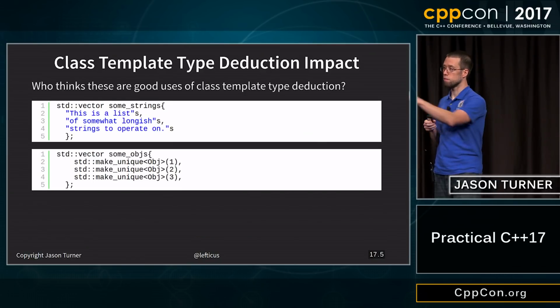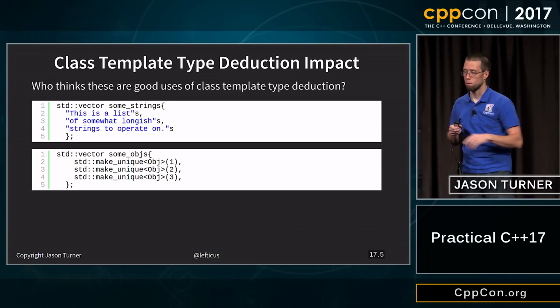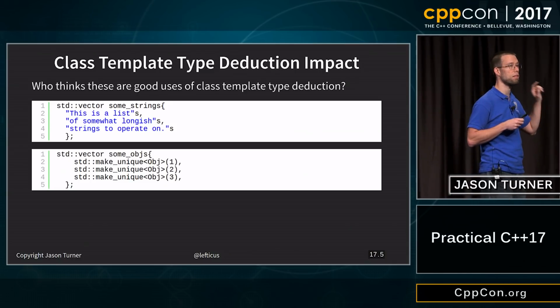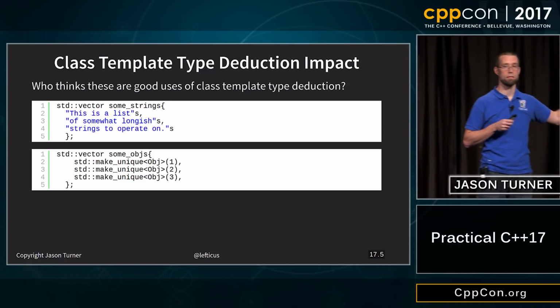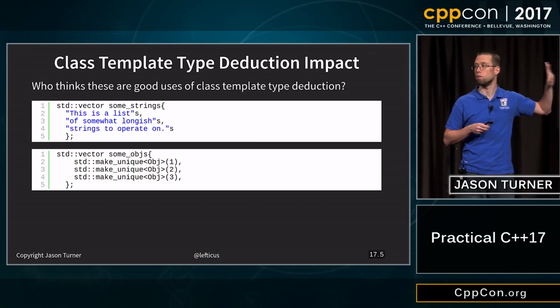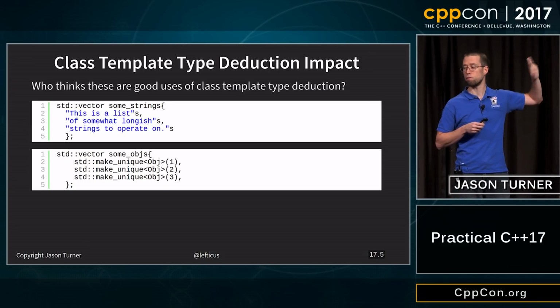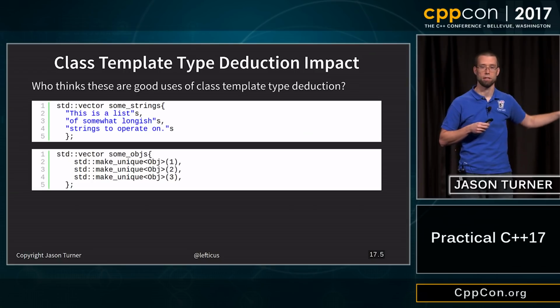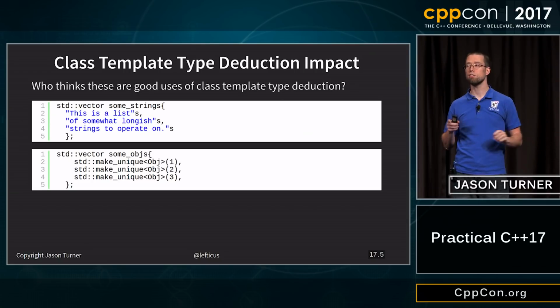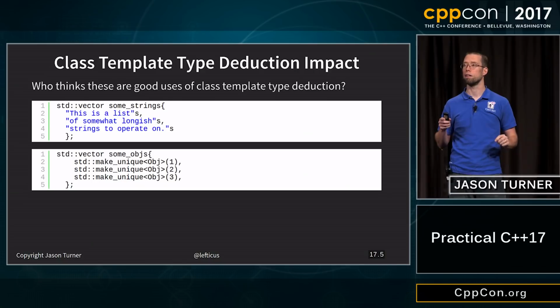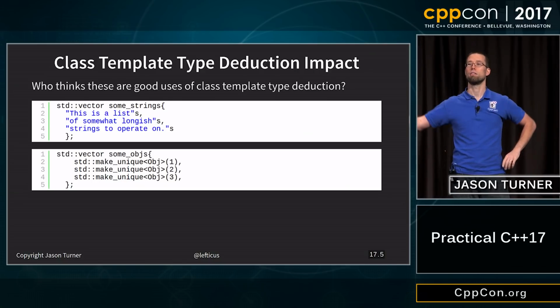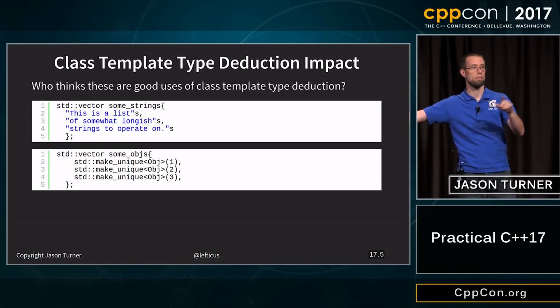Looking at this example, and this is leading to what you were saying about using initializer lists, who thinks that these are good uses of class template type deduction? So I don't have to specify that this is a vector of unique pointers or a vector of strings. Raise your hand if you think this is a good idea. Wow, almost no one. A handful?